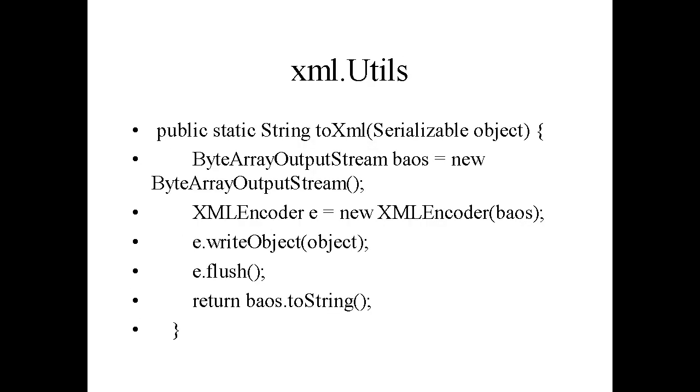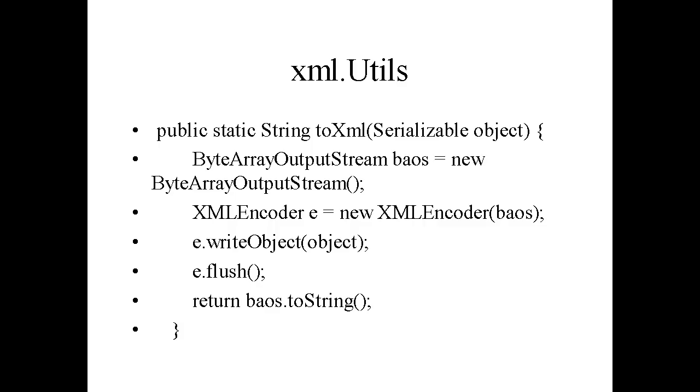So I created this helper class called XMLUtils, and what it does is it has a mechanism for taking an instance of an object and converting it to a string consisting of XML. Now, since XMLEncoder wants an output stream, what I do is I fool the XMLEncoder into writing to a byte array output stream.